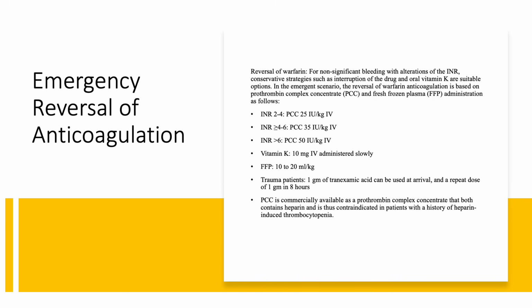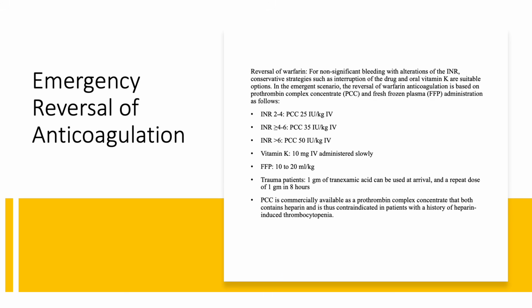Vitamin K 10 milligrams IV is also administered slowly, along with fresh frozen plasma 10 to 20 ml per kg. Trauma patients also get 1 gram of tranexamic acid at arrival and a repeat dose of 1 gram after 8 hours.